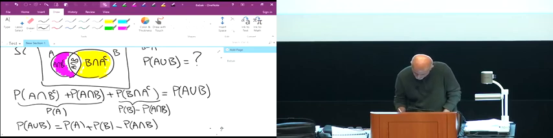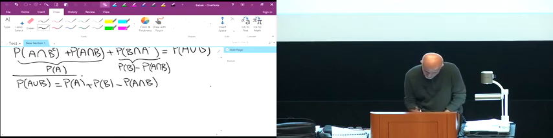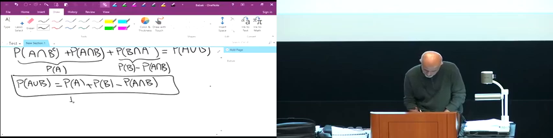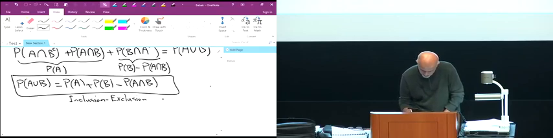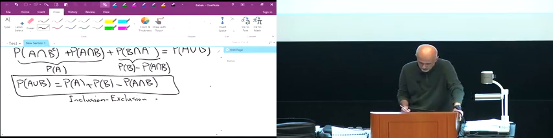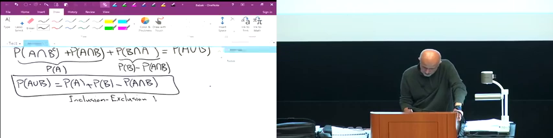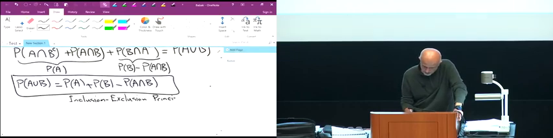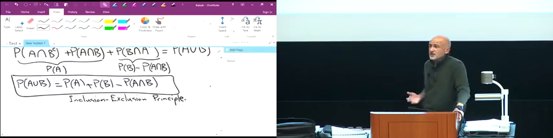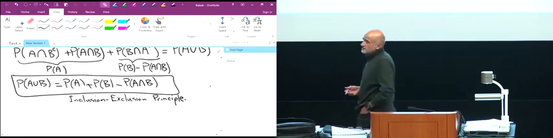Okay? So this is called the inclusion-exclusion principle. I'm not really big on these names. I care more about you just being able to articulate what these are. You've already done this when you studied Venn diagrams and set sizes.